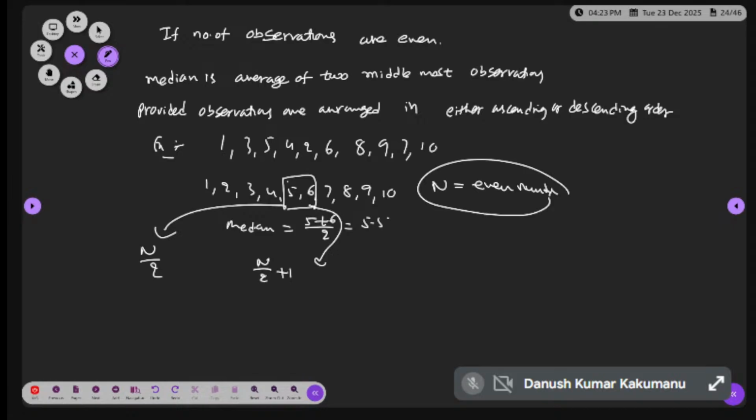Whatever the numbers in these positions, we take the average of them. Is it clear to all of you? Median, if the number of observations is odd or even. No confusion? Next.